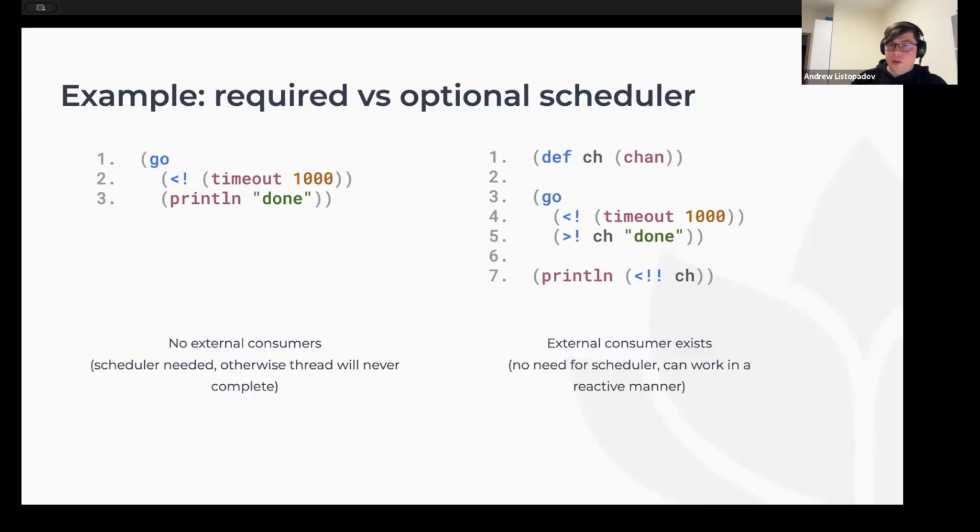But if you have some external consumers, for instance, here we have a channel that is external to our thread. And again, we are simply parking on a timeout channel, so we are a callback inside this timeout channel's queue. But then we continue to the next instruction in our main thread. And here we have a blocking operation.